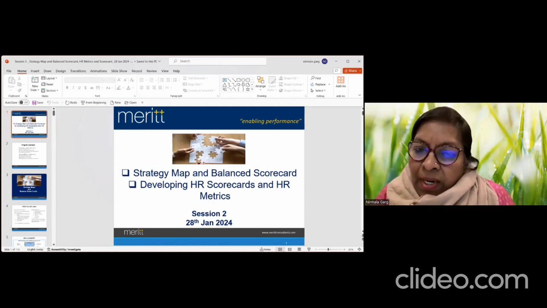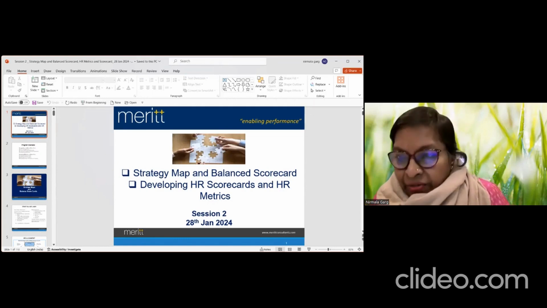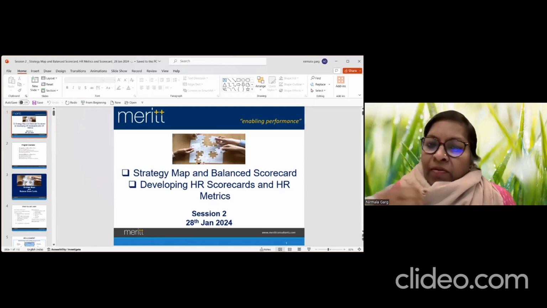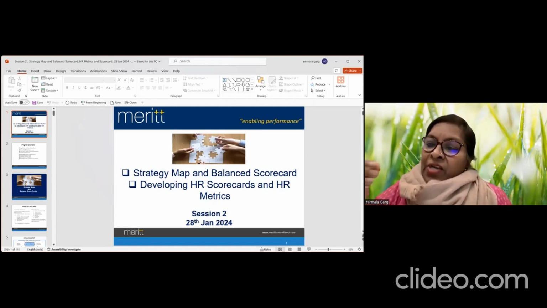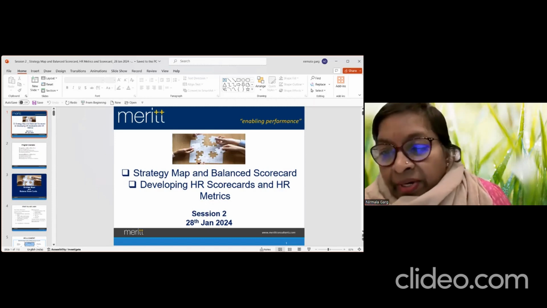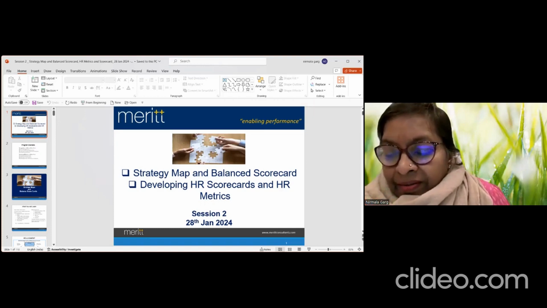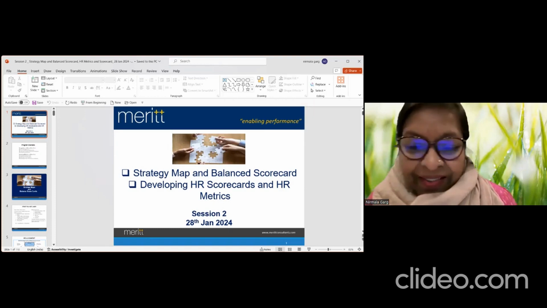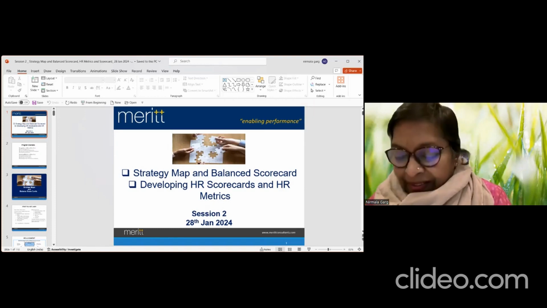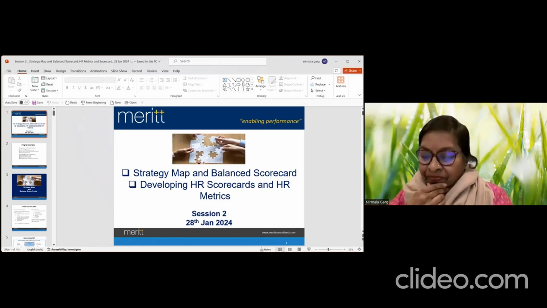Today's topic is building the balance scorecard and strategy map, and, from the same balance scorecard, developing an HR scorecard and HR metrics. Sounds interesting, guys? A scorecard: a report card, a measurement tool.